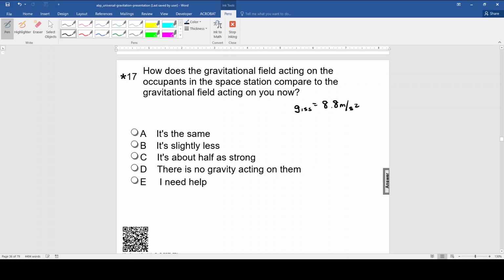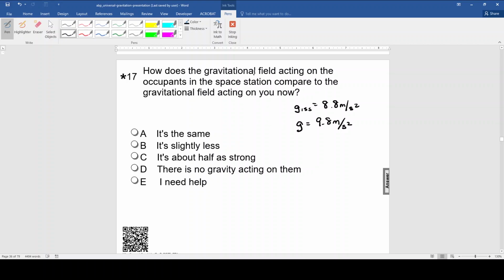So let's take a look at our question. It says, how does the gravitational field acting on the occupants of the space station compare to the gravitational field acting on you now? We have learned all year long that our gravitational force that we are experiencing is 9.8 meters a second squared. When you are looking for a comparison, you must identify what is being compared to what. Order matters.